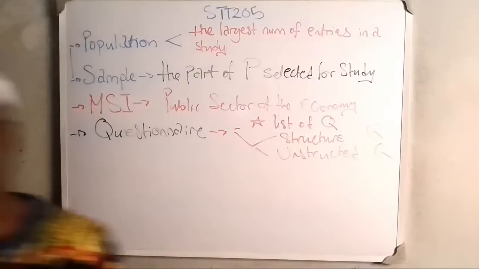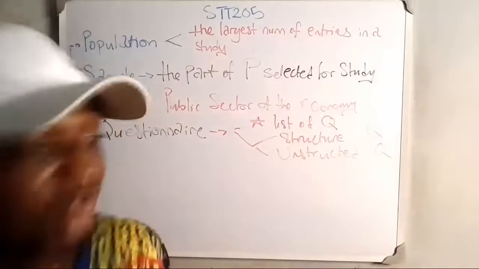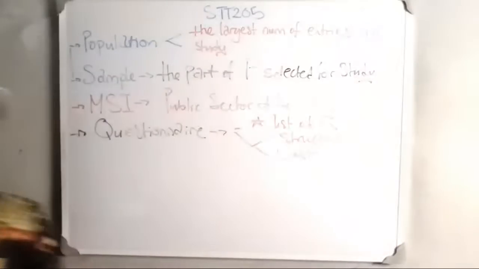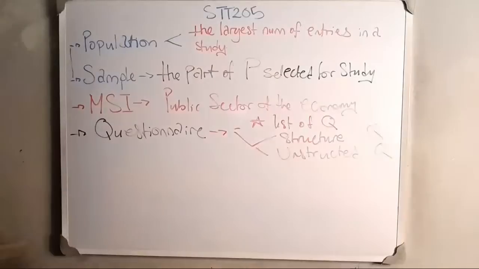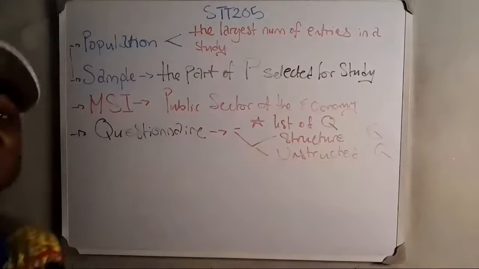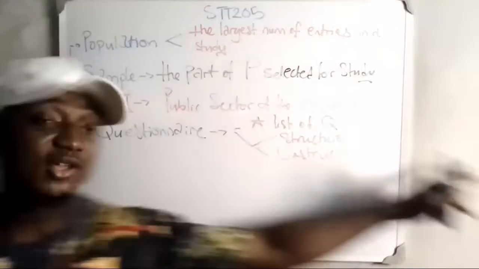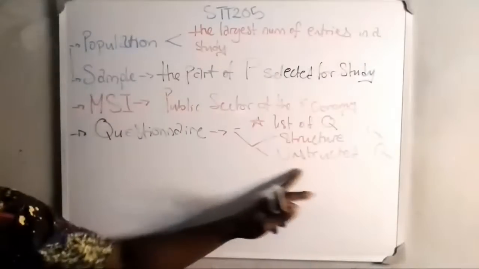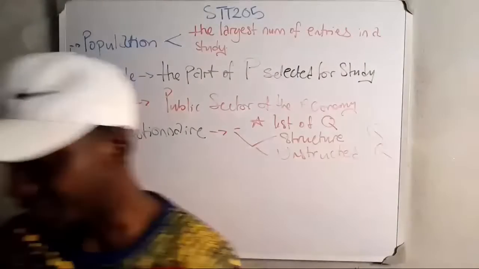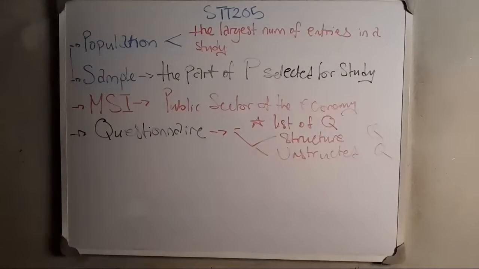Yes or no, true or false, agree, disagree, strongly agree, strongly disagree. But the unstructured questionnaires allow respondents to explain in detail and express themselves. The structured is more like the CBT exam, and the unstructured is more like the pen-on-paper exam.